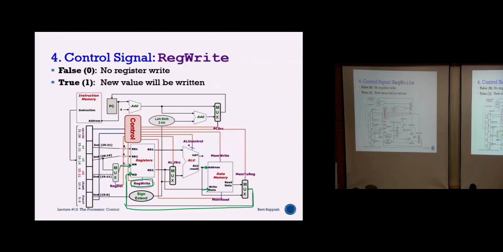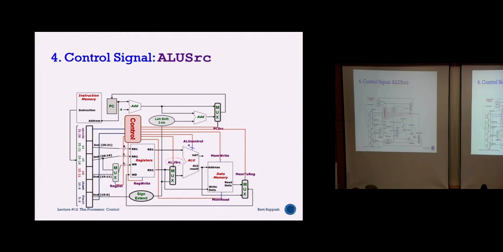Same thing over here. So the register write is to indicate that at this point of time, the write data is valid and the write register is correct, so you can go and update. That is why you need a register write pin. It's just a 0 or 1 to tell the processor whether you're going to update or not.